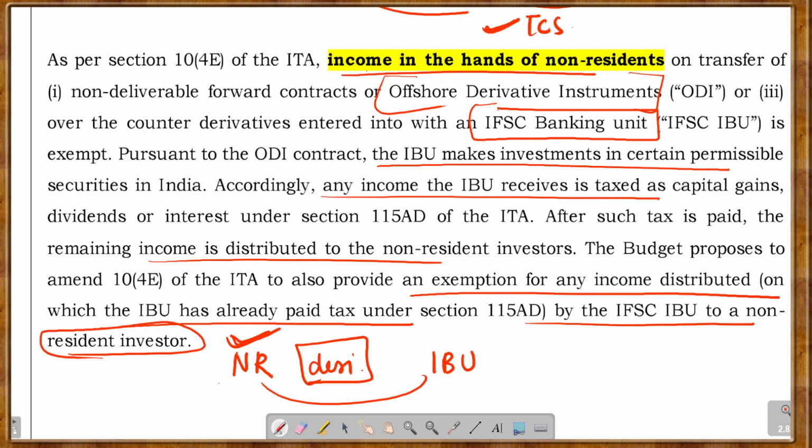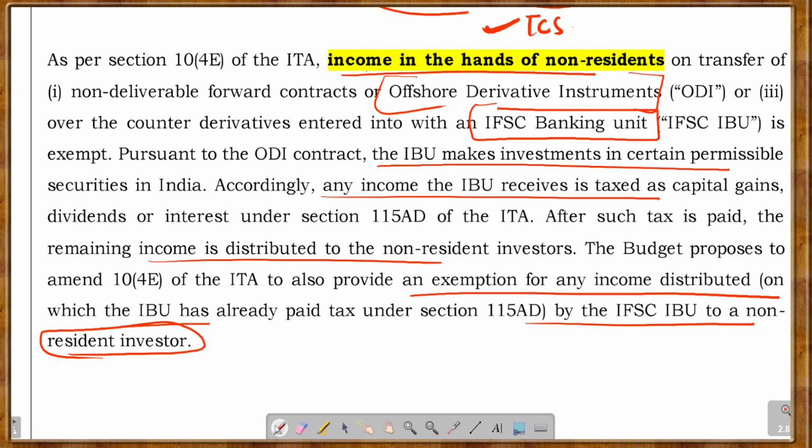This is not very important, but I'll just clarify this. What they are saying is, they want to avoid double taxation. When one party of the contract has already paid tax, then you should not charge the other party as well. There is a transaction, and if one party has already paid tax for it, then you cannot go and seek the other party also to pay tax on it.